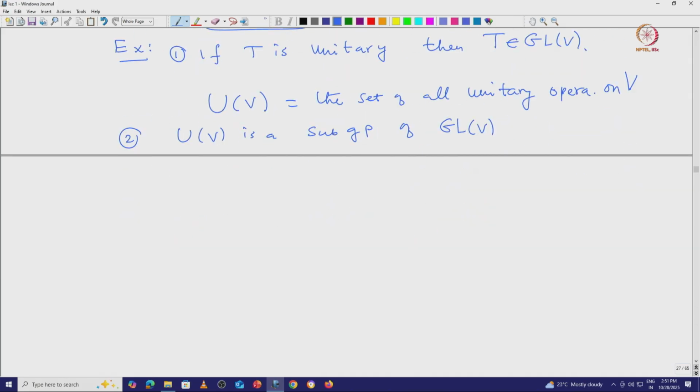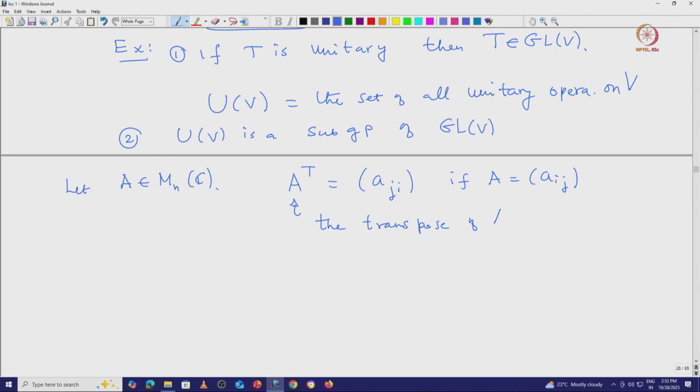Okay, let us recall what unitary means in terms of matrices. For that let us define the transpose, conjugate and conjugate transpose. Let capital A be an n by n complex matrix. Then the transpose of A is defined to be the matrix A_ji, if A is the matrix A_ij.